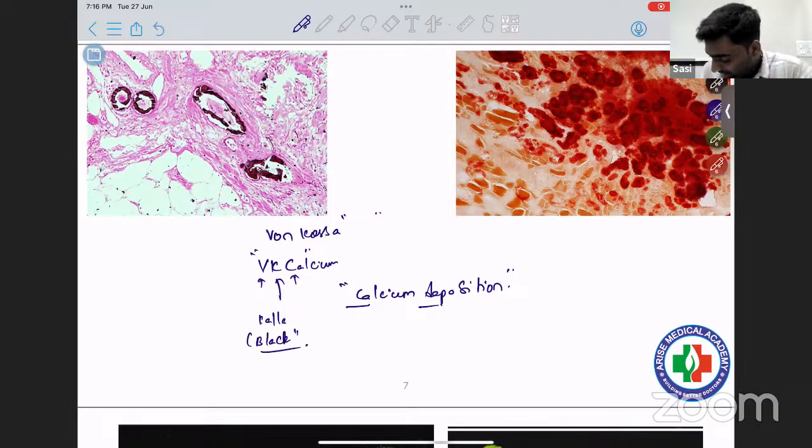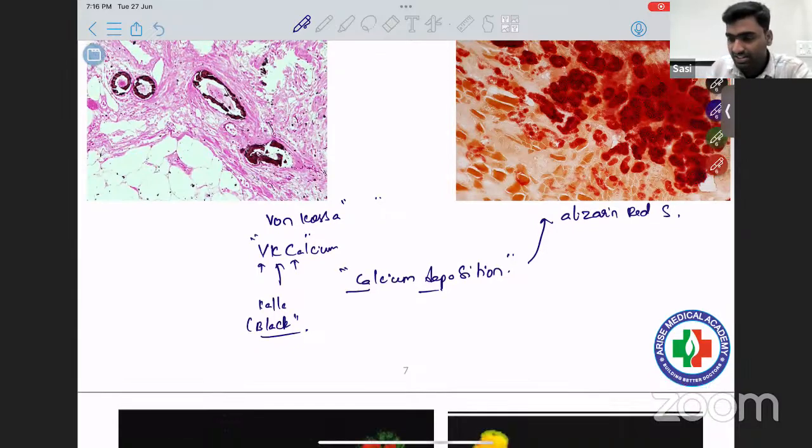Next one, if you see this type of calcium deposition, it is also stained by some other stain. What is the stain you will think of? One more stain which we use for calcium. Waiting for your answers. Yeah, it is the alizarin red.